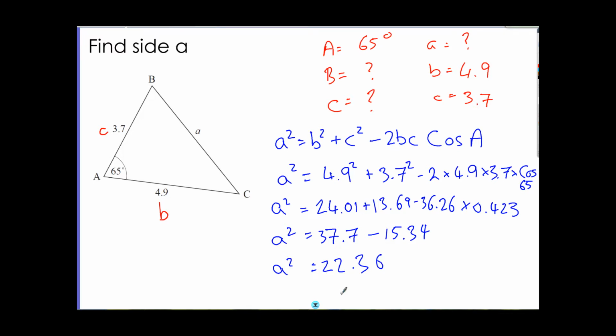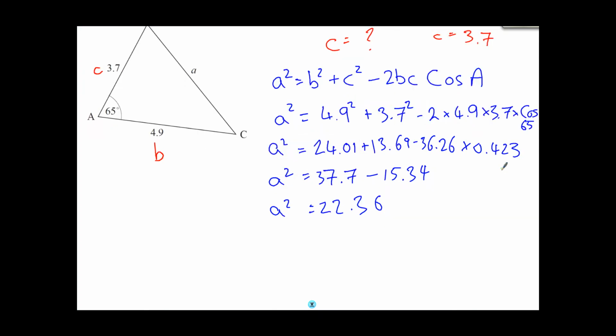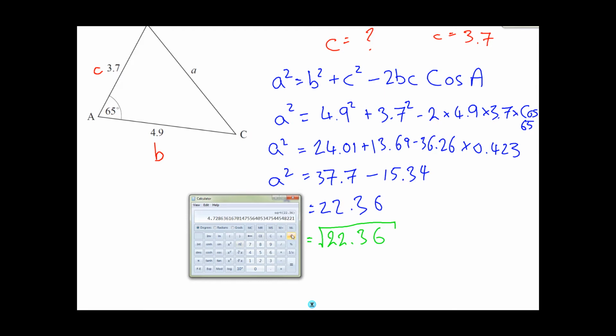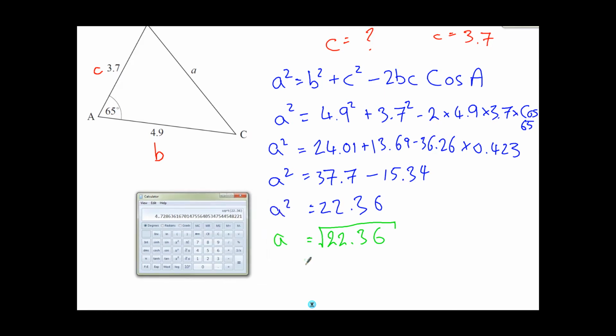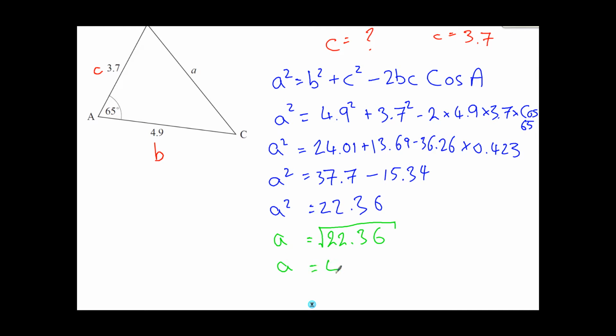In order to find that, we need to find the square root of 22.36. So a is equal to the square root of 22.36, which is 4.73 to 3 significant figures.